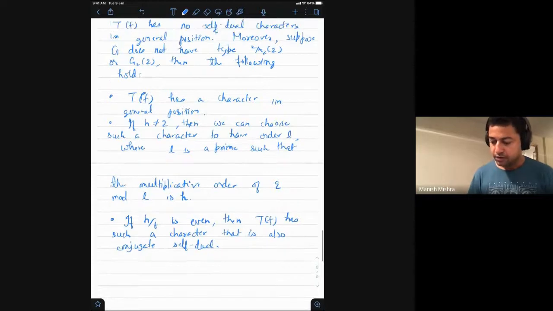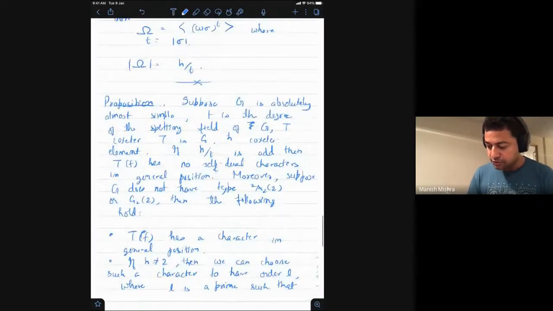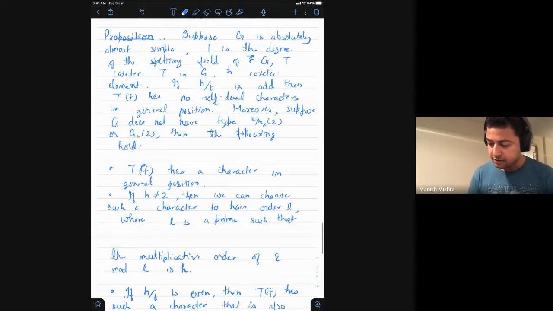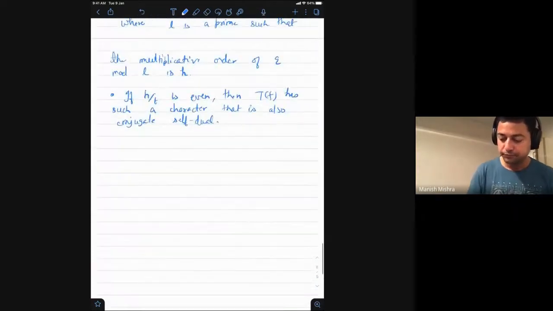So essentially, this proposition will say that delinguistic cuspidals always exist, and there are two exceptions which are handled elsewhere. Okay, so that's the proposition.